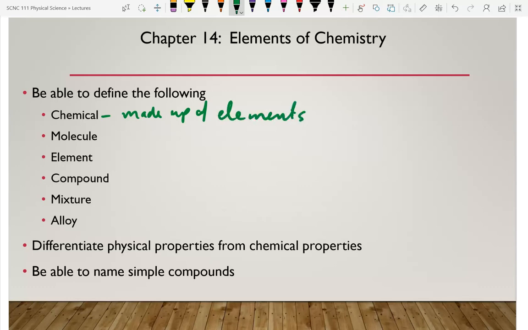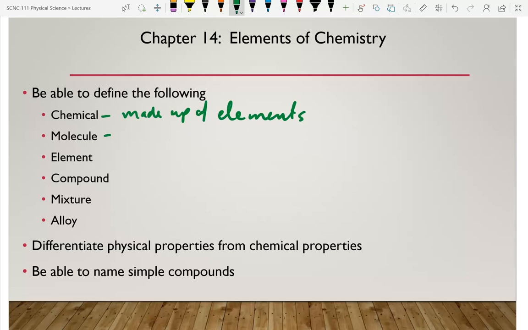Yeah, it's made up of elements. So what's not a chemical? Yeah, vacuum is the only thing that's not a chemical because vacuum means nothing. So everything is chemicals. Some chemicals are useful, some are harmful. But chemical does not mean harmful.